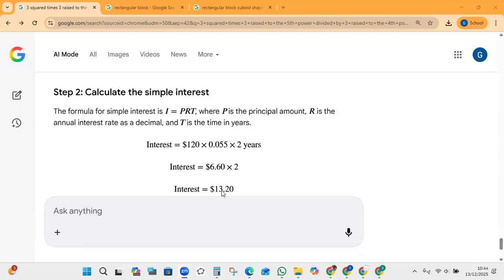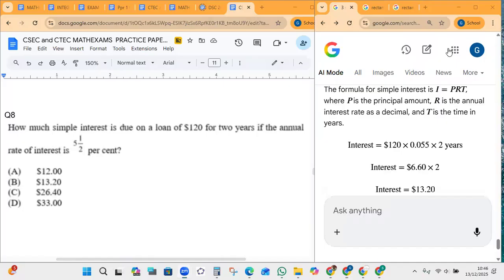You practice what you are actually witnessing. So the answer is 13.2. The interest accumulated after 2 years, the simple interest. So the answer is B, $13.20.